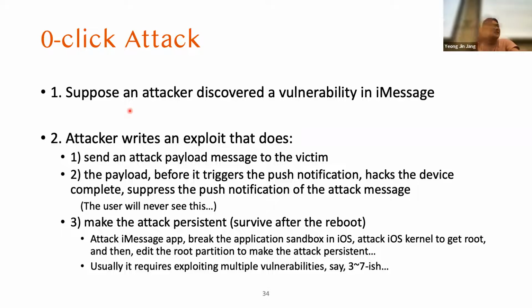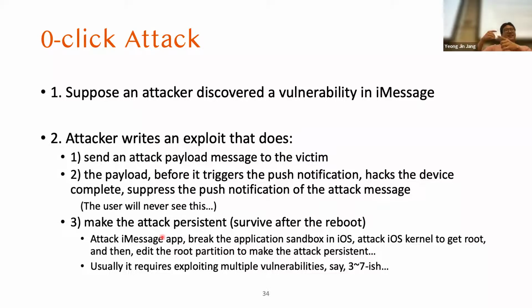Then the user will never see that the message was received, and will never know their phone was hacked. After that, the attacker can make the attack persistent by breaking the application sandbox, attacking the kernel, and changing the file system.